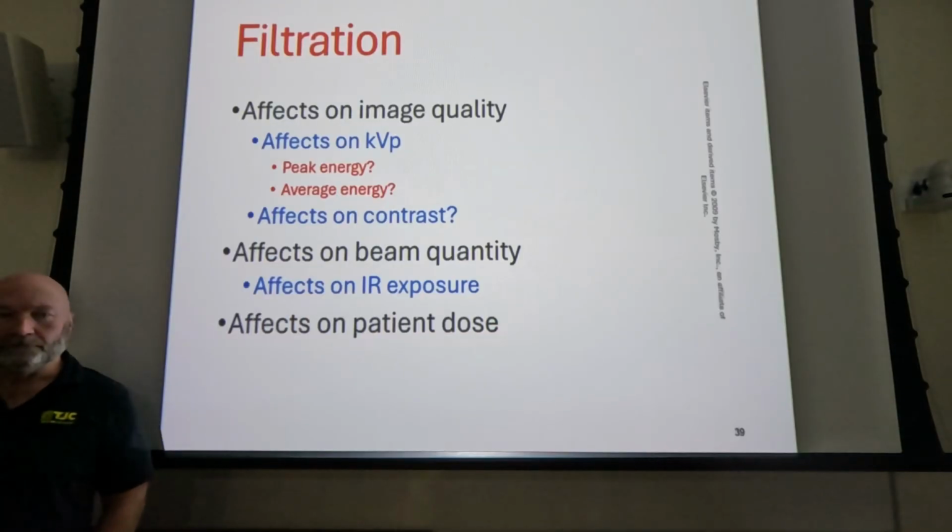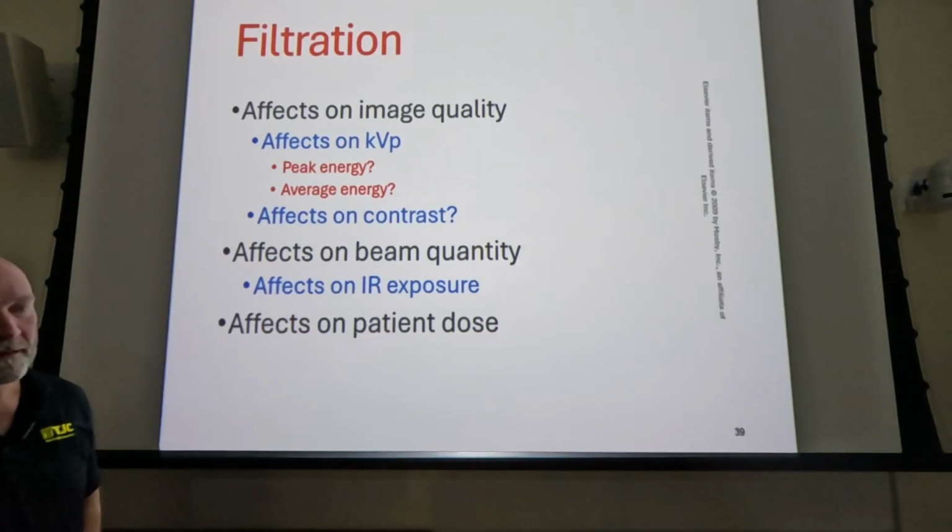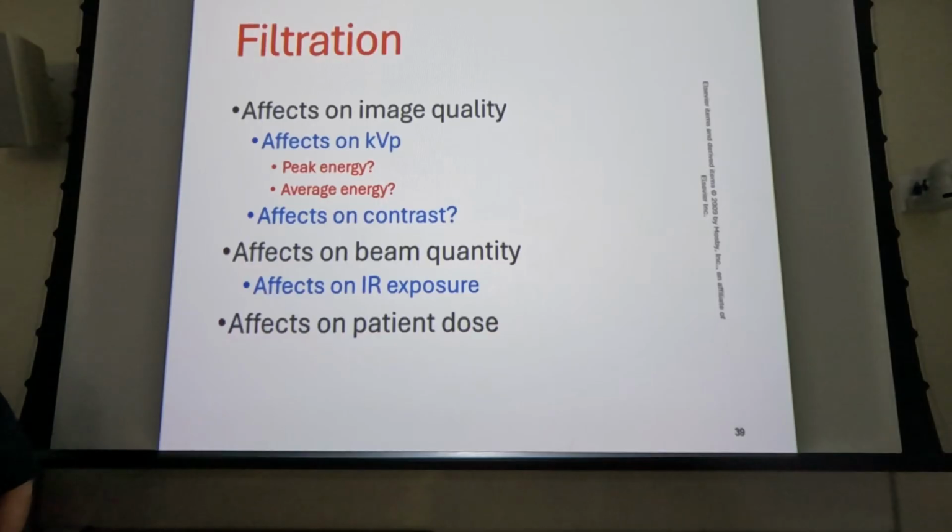So let's say we make one exposure, and I don't have an analogy for why we would do this, but you need to repeat your exposure and increase your filtration. Same patient, you add more filtration. What's going to happen to the exposure at the image receptor? It's going to decrease. So if you had the perfect exposure on the first exposure, what are you going to need to do for the second one?